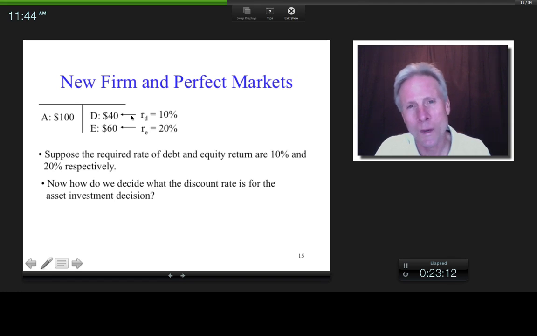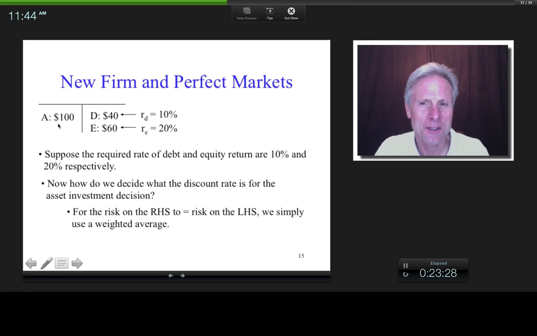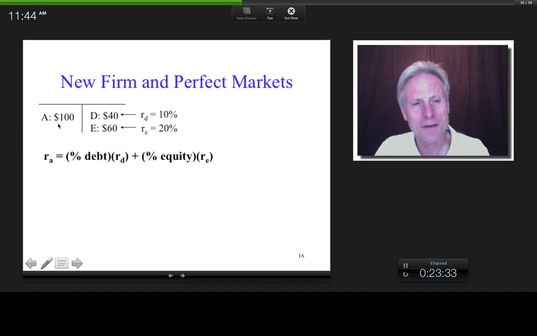Well, we could use a weighted average, right? And so is it fair to say that the overall discount rate on this side, which is reflected by a weighted average, is going to mirror the overall discount rate on that side? It is, right? And so essentially the discount rate for the asset investment decision is the amount of debt we have times the required rate of return of debt, and the same with equity.